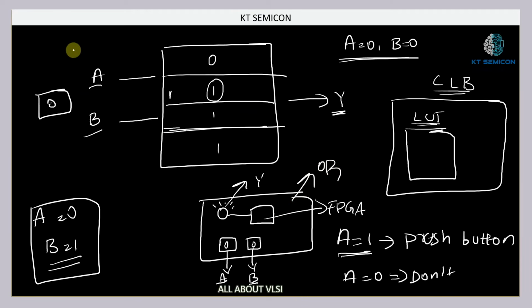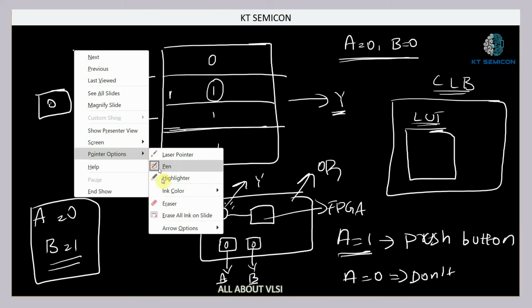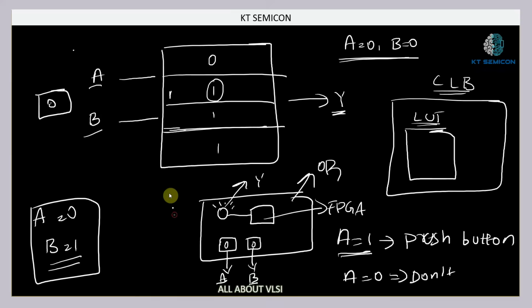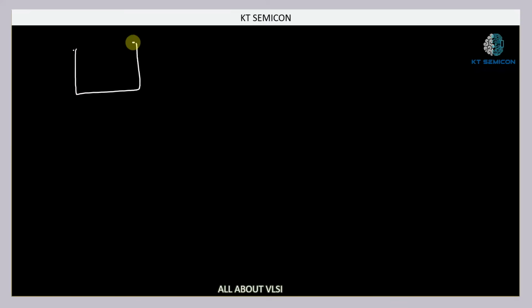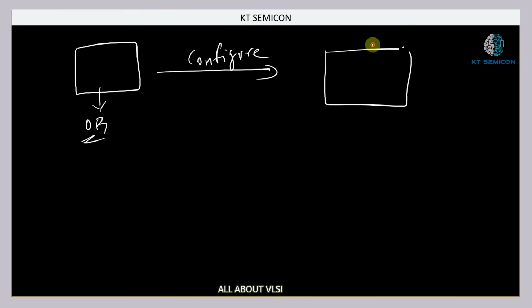Suppose this hardware is acting as an OR gate, and I want to configure it to work as a simple half adder. Now, what is going to happen?